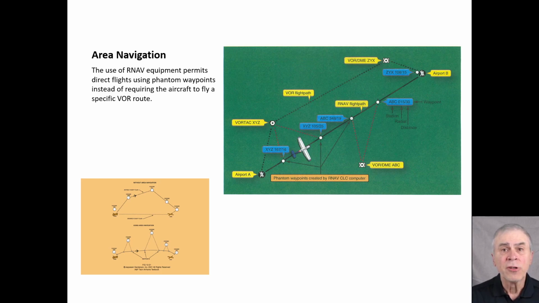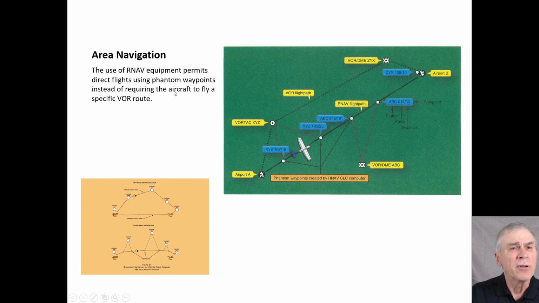Area navigation, RNAV. That basically is a way of deciphering signals from these various waypoints. Well, you take a couple actual signals and you're able to triangulate phantom points in space.